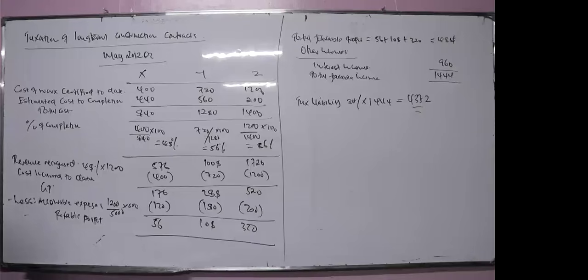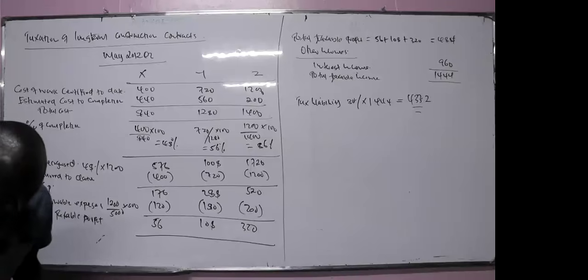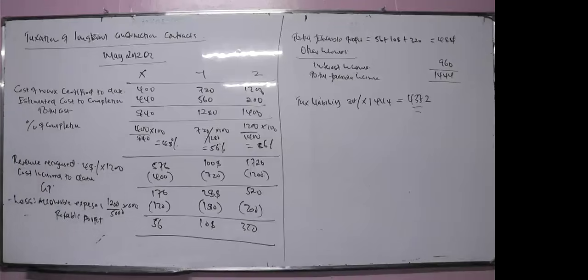Open December 2024, question number 5D. December 2024, number 5D. So right there, where work certified is considered as value of sales.